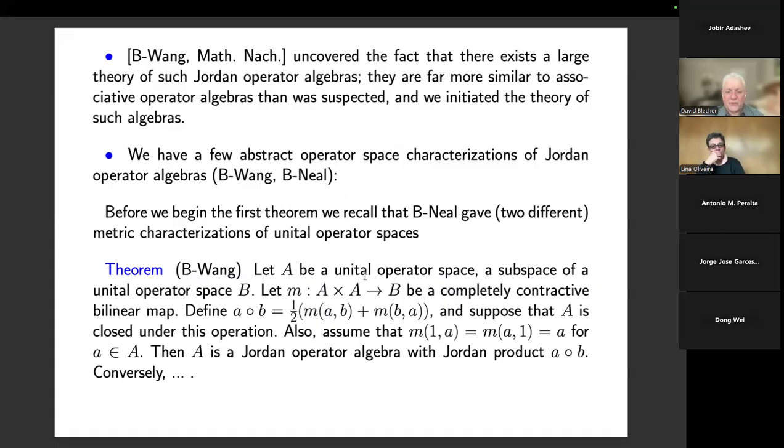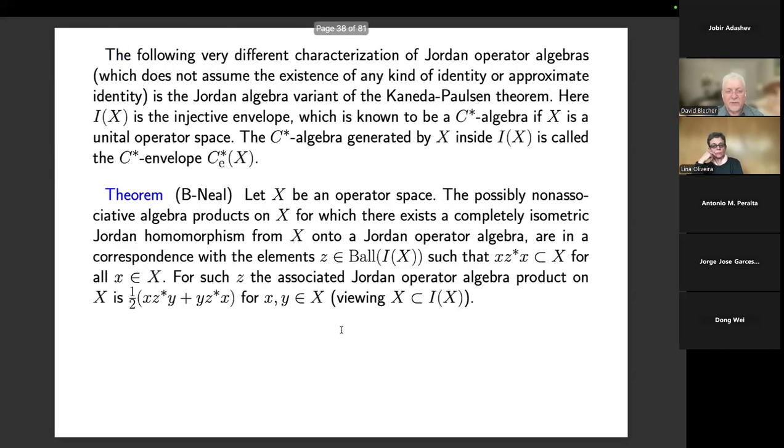The first one is characterized in terms of unital operator spaces, which Matt and I had characterized abstractly, similarly to Ruan's theorem on a previous slide. I won't take the time to read out the results, but there's one theorem. Here's a very different characterization in terms of the injective envelope.